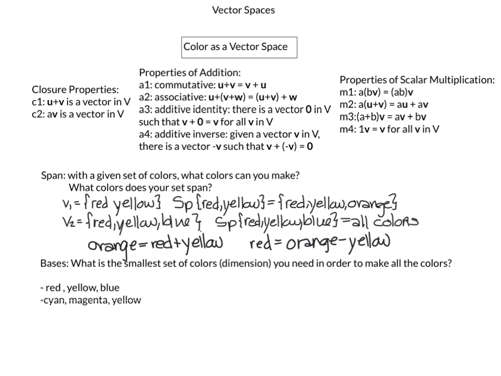And if we want dark orange, we can put 2 times red and 1 times yellow. So orange is a linear combination of red and yellow, and red is also a linear combination of orange and yellow. But orange is not a linear combination of blue with yellow. There's no way we're going to get orange out of blue and yellow.